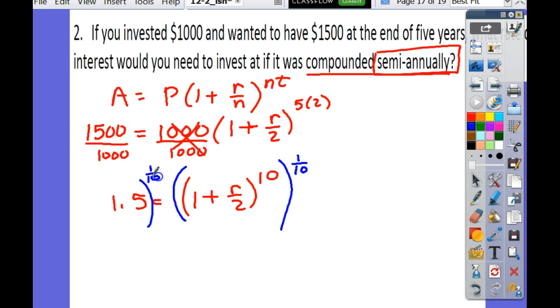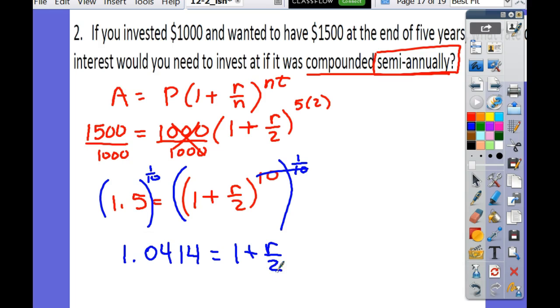You raise it to the reciprocal power to cancel out the exponent of 10. You take your calculator and do 1.5 raised to the 1/10th power. In order to avoid a rounding error, you probably need to use at least 4 decimal places.